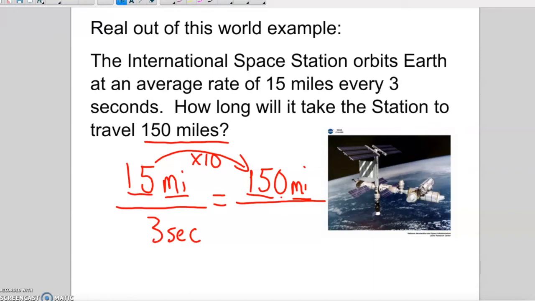And what I do to the top, I do to the bottom, right? So 3 times 10 is 30. So that means in 30 seconds, the space station will travel 150 miles. Now that is pretty fast, isn't it? Okay.